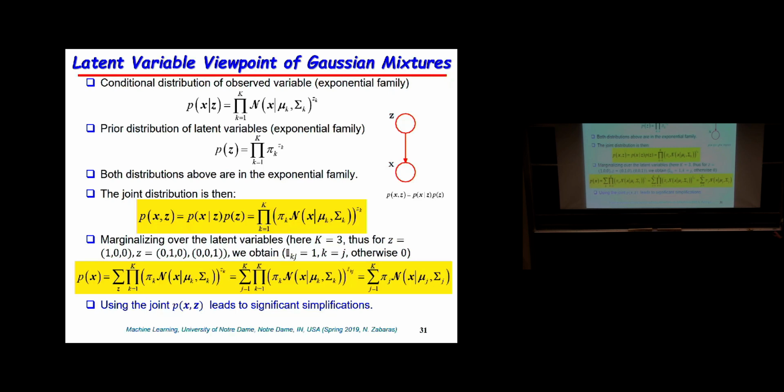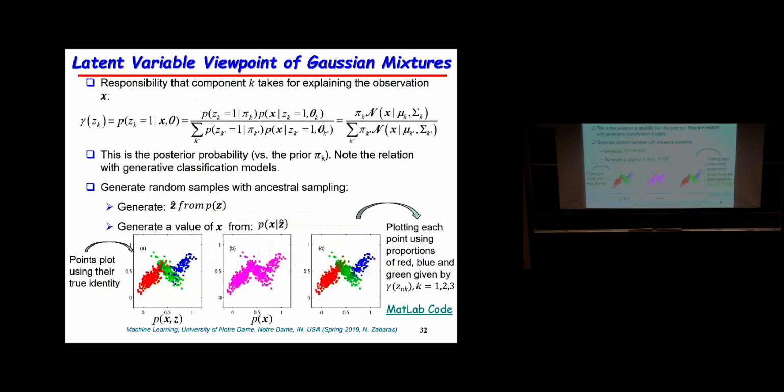If you have not done this, or if this looks cryptic to you, just take this expression and start summing it for z that is 1, 0, 0, then 0, 1, 0, then 0, 0, 1, and you will see immediately that you get the Gaussian mixture. So the question is, of course, what have you gained by introducing z and writing things like that versus writing p of x directly as such? We will see this in a coming slide, the complexity.